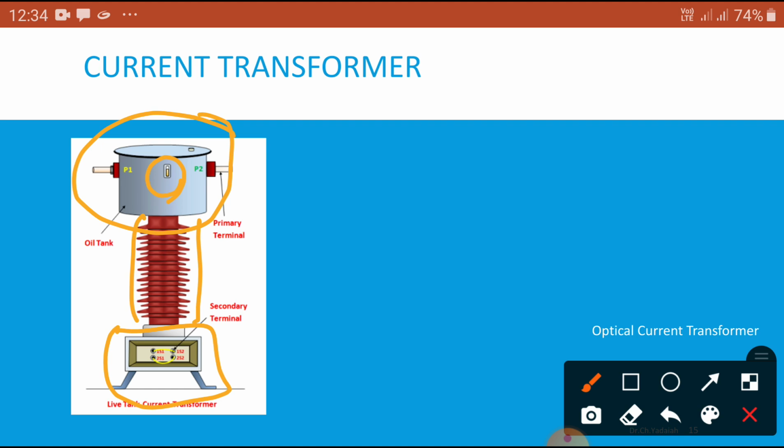So the P1 and P2 are the two input and output terminals of this one. This is the one conductor P1 and P2, and here the secondary comes and is taken outside.